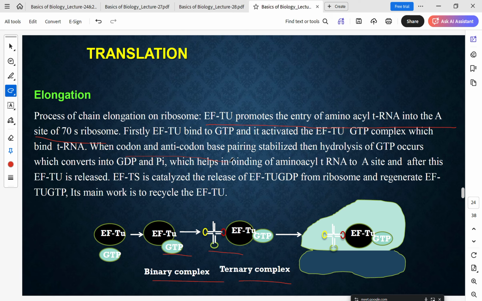When the codon-anticodon base pairing is stabilized, hydrolysis of GTP occurs, converting GTP to GDP plus Pi. It helps the ternary complex to bind to the A site, and after this the whole complex gets released. Then the complex can bind to another GTP molecule and repeat the same process again.